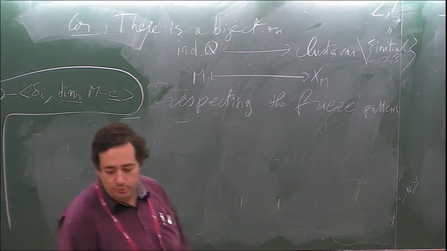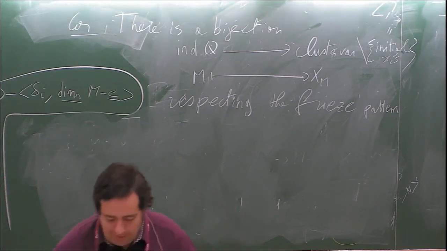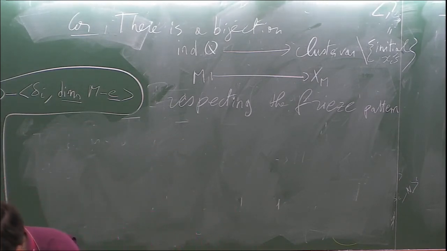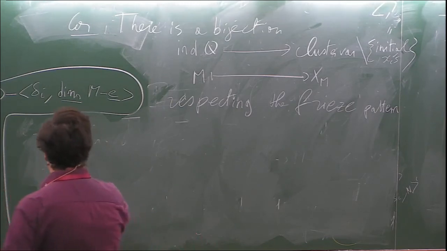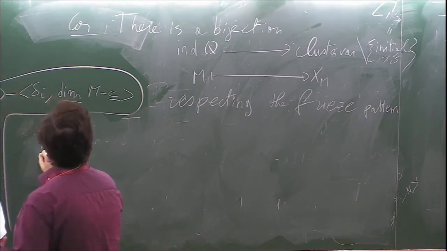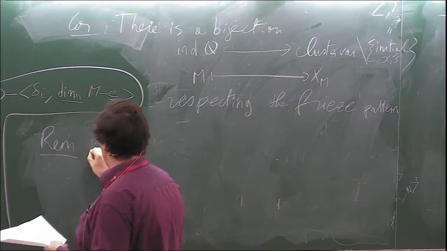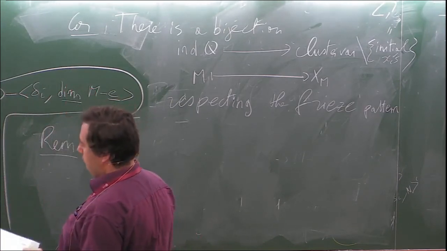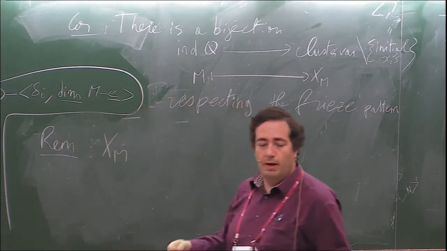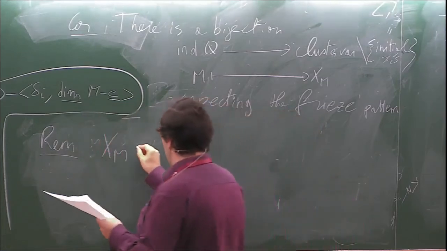And something I should say, and I didn't say, so a last final remark. I'm sorry about it. Remark: you can rewrite the cluster character in the following way. It's not very useful for our purpose, but it's useful to understand something.